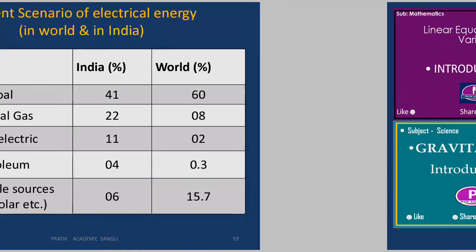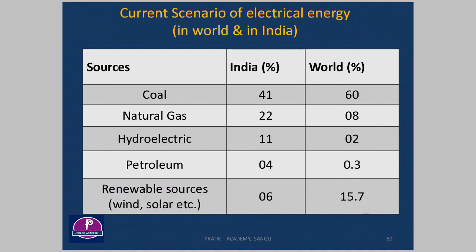So with this video we have completed our fifth chapter, that is towards green energy. At the end we have concluded that in India currently we mostly depend upon coal or natural gas for generation of electricity.